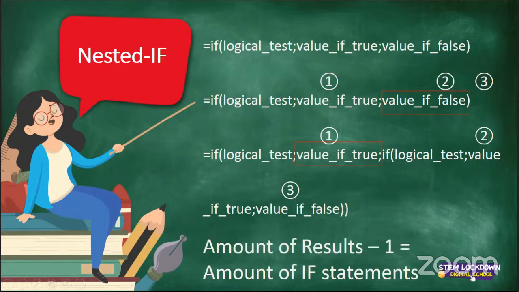So to sum it up, the easiest way to remember how many ifs you need in a formula is the amount of results or answers you have minus 1 equals the amount of statements you need. So in this case, we've got 3 answers, minus 1 gives you 2, and that gives you the answer of 2 ifs that are needed for the query.